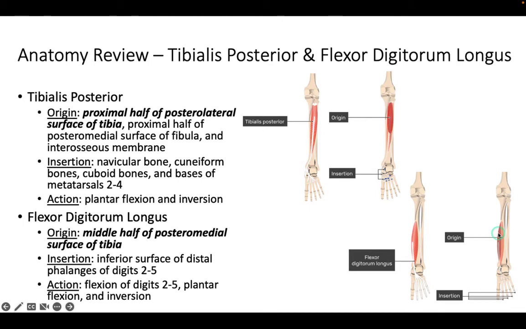So not quite where that distal two thirds portion is, but now we're posterior medial and at least down the middle portion. So it's the closest to the area of pain, if the muscle is even causing the pain. Then the insertion, the tendon runs similarly, posterior and medial, so you get plantar flexion and inversion, and it also inserts onto the bottom of your toes, so you get flexion of digits 2 through 5.